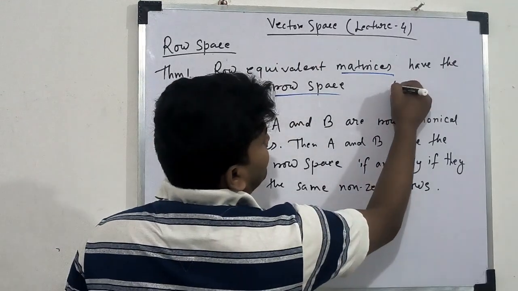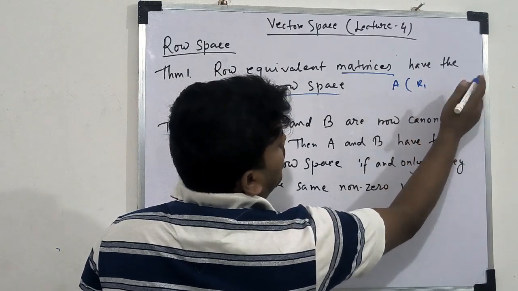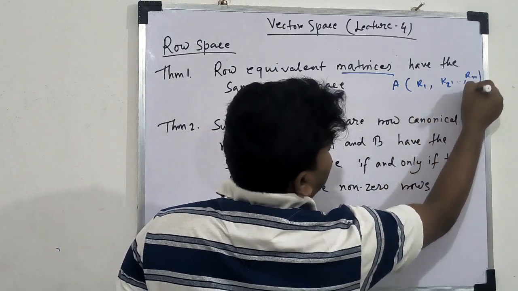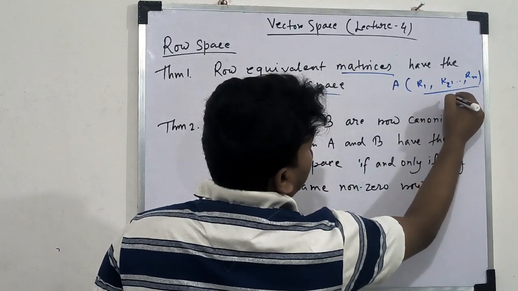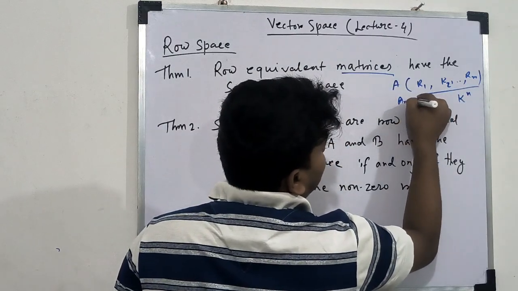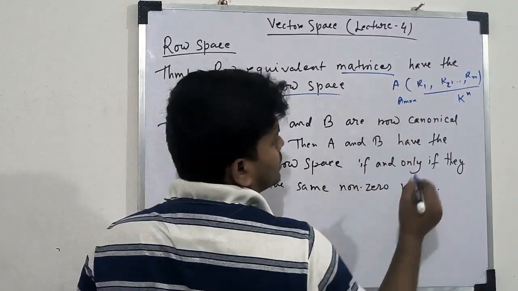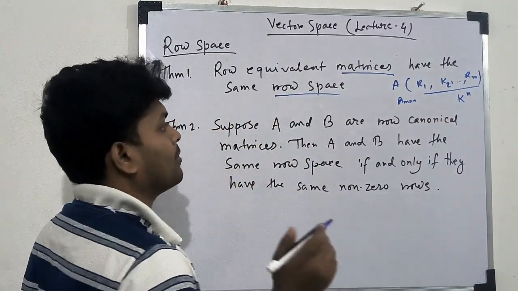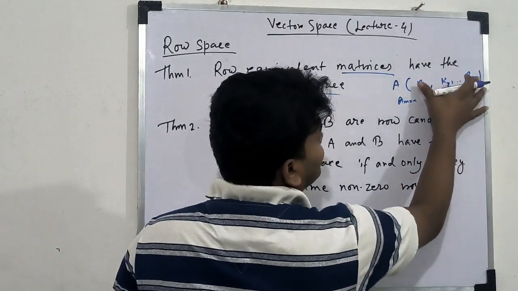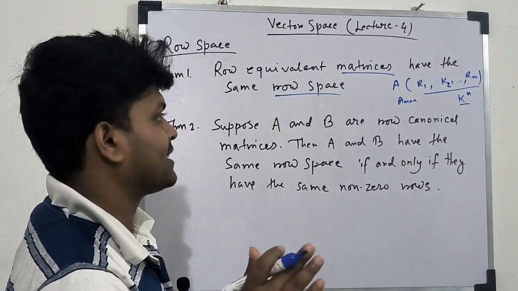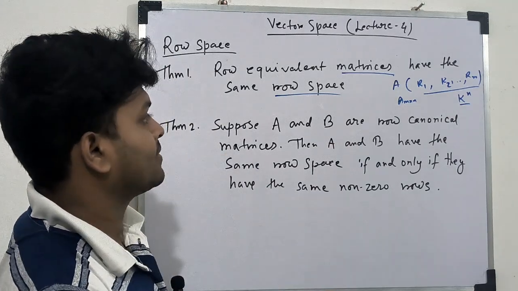Row space means if A has m rows, that is R1, R2, ... Rm, then these rows belong to K^n, as A is an m cross n matrix, so it has n columns. Each row can be considered as a vector in K^n. Then these m rows span a space which is called the row space.